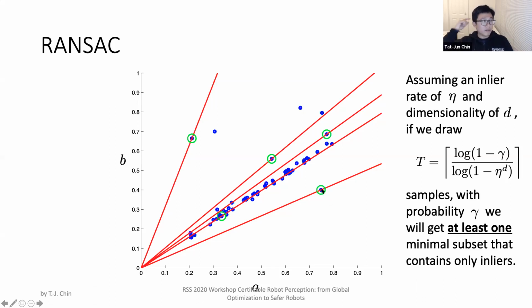So 1 point is enough to realize a minimal estimate in RANSAC. Regardless of the size of the minimal subset, the RANSAC algorithm says if you draw this number of samples, with probability gamma, you get at least one minimal subset that contains only inliers.